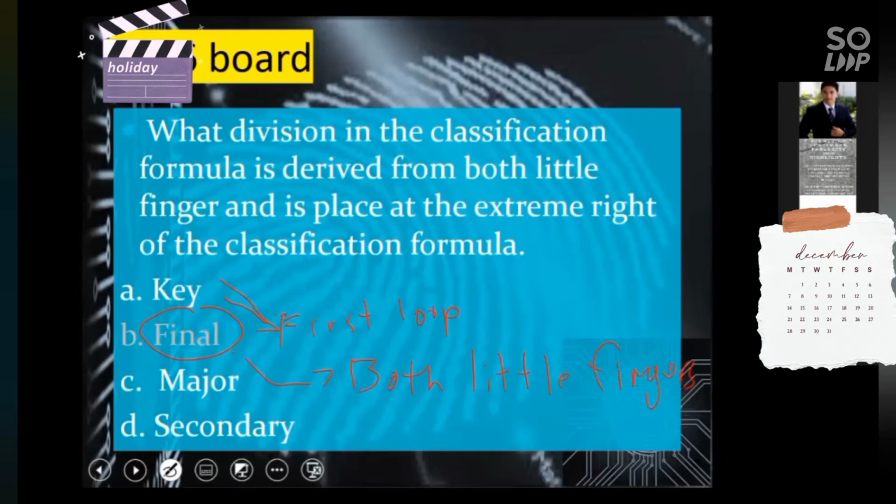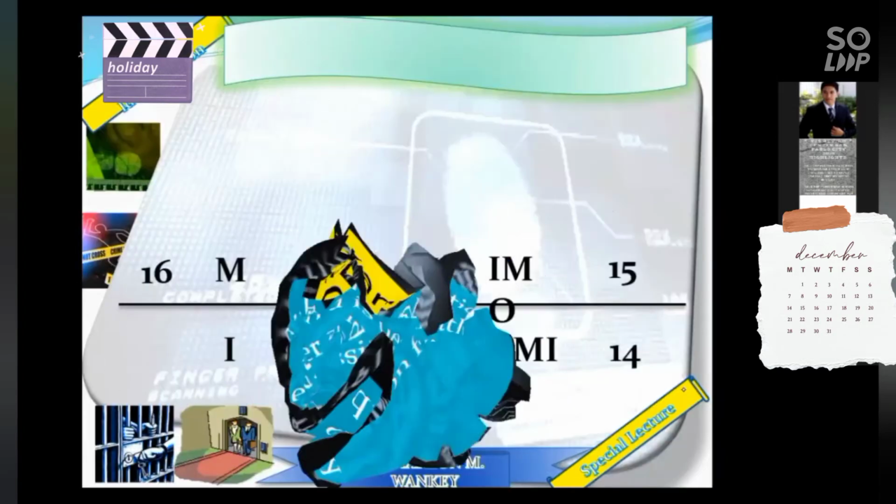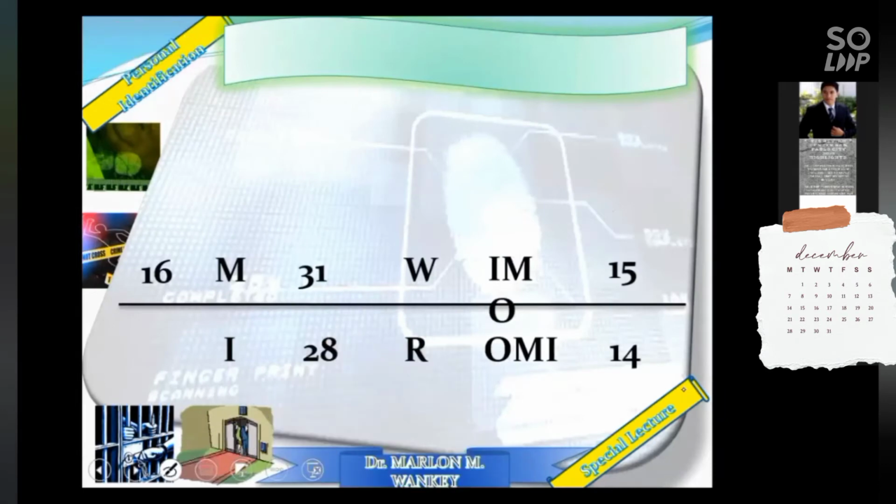Okay? So that we don't get confused, let us first have an overview of the fingerprint classification. For example, this is the classification. So, this is the classification line. This is the numerator and this is the denominator.